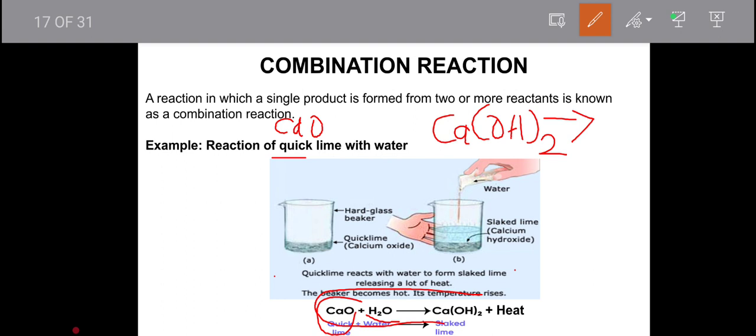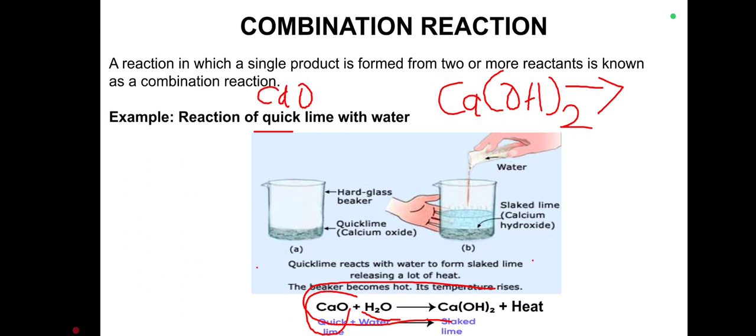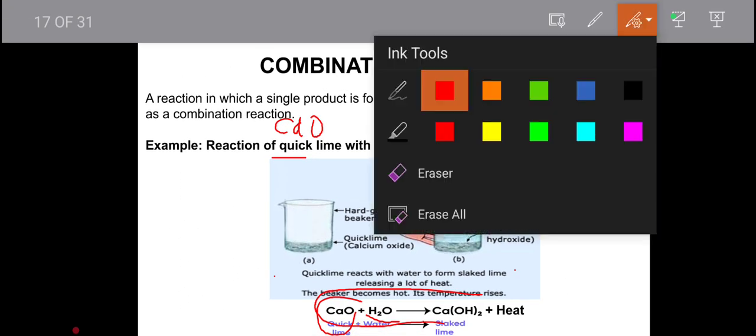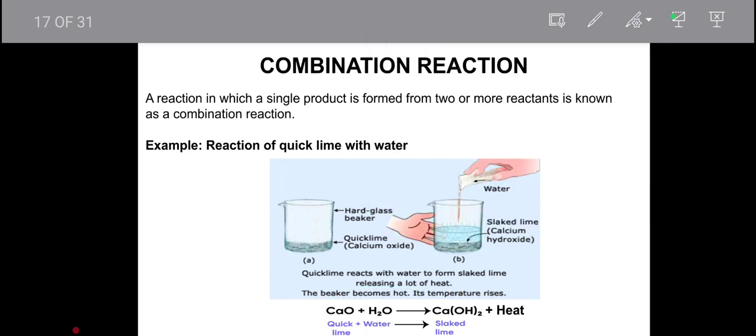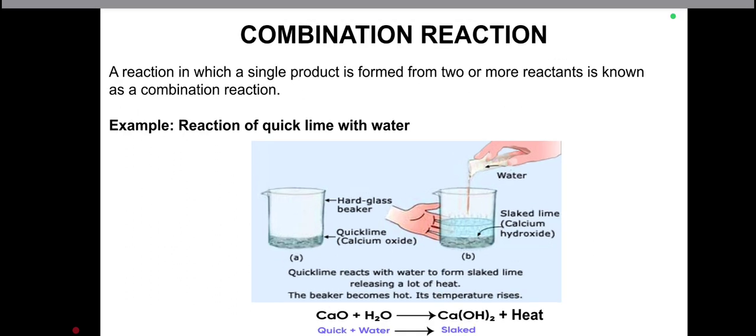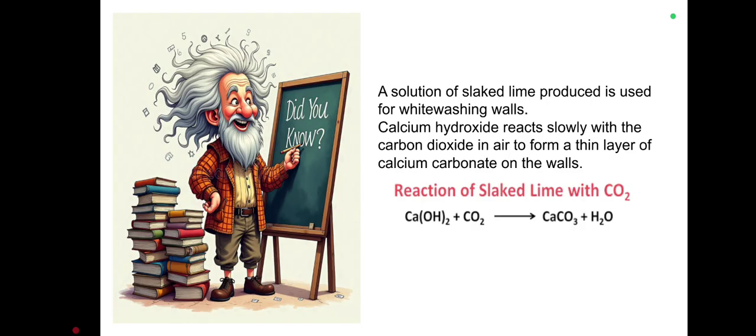Hope this experiment is clear to you. So generally, combination reaction means a reaction in which two or more reactants will be combining and we will be getting a single product. So the example of combination reaction is reaction of quicklime with water. Okay, let's move to the next slide.